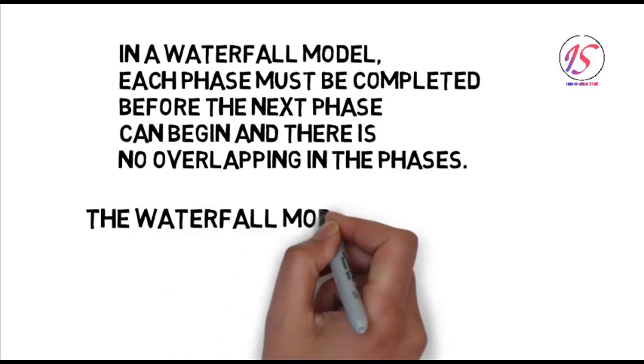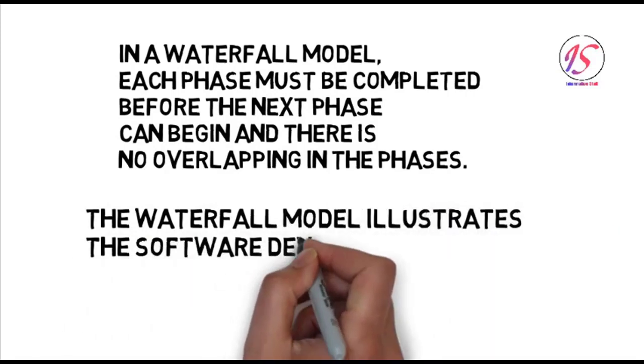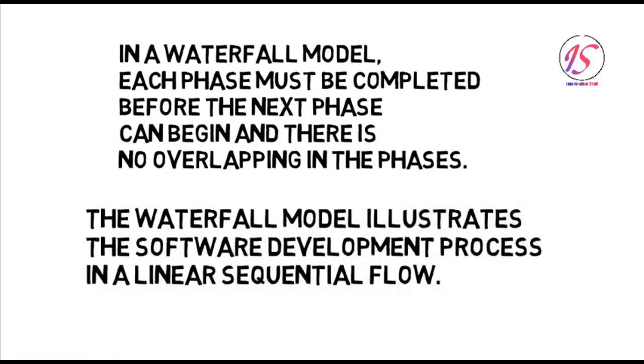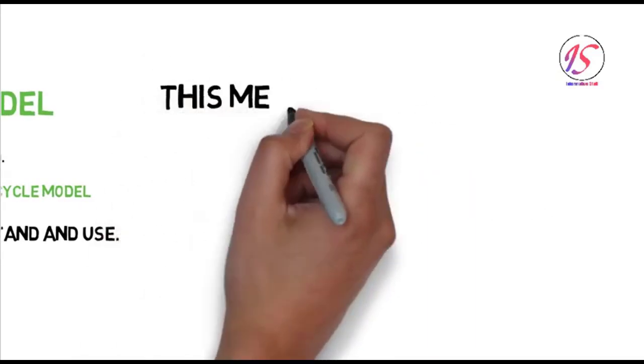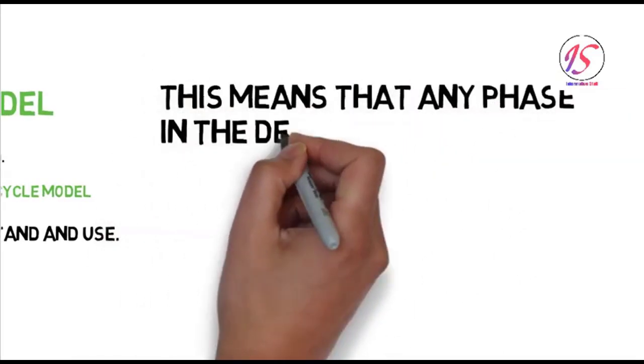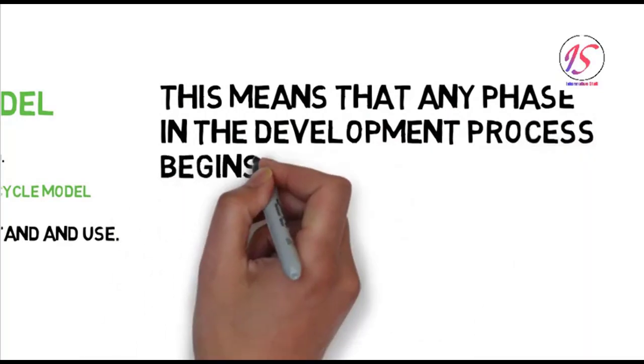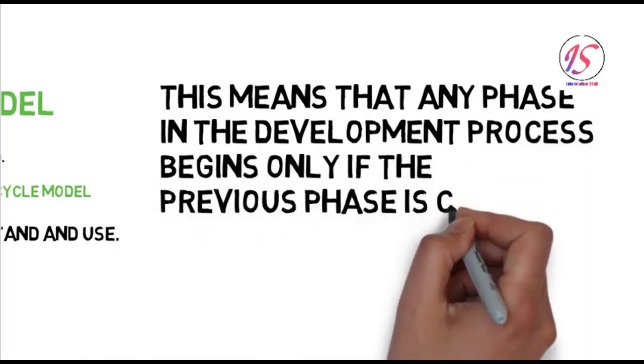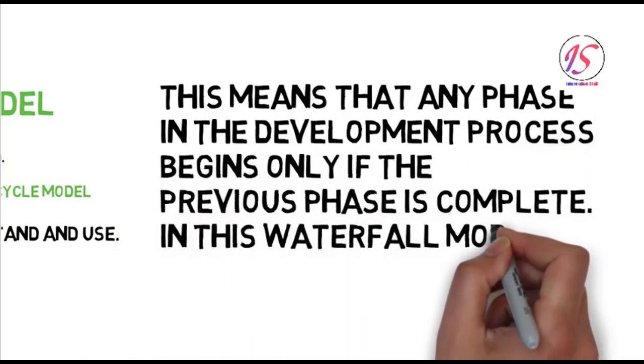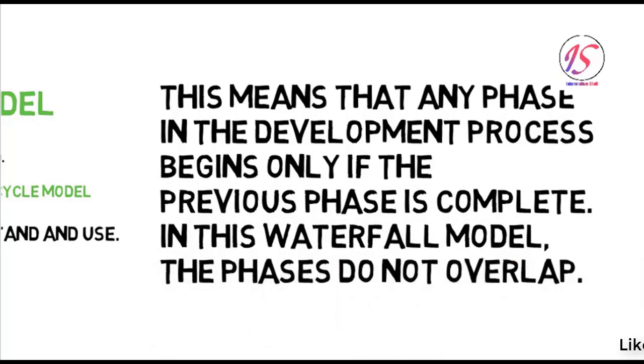The waterfall model illustrates the software development process in a linear sequential flow. This means that any phase in the development process begins only if the previous phase is complete. In this waterfall model, the phases do not overlap.